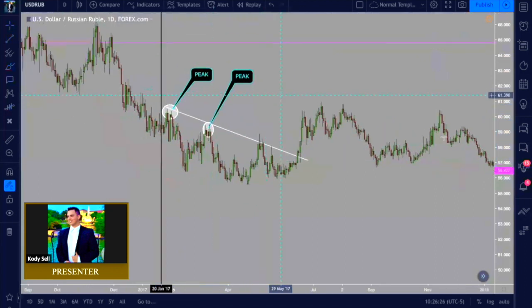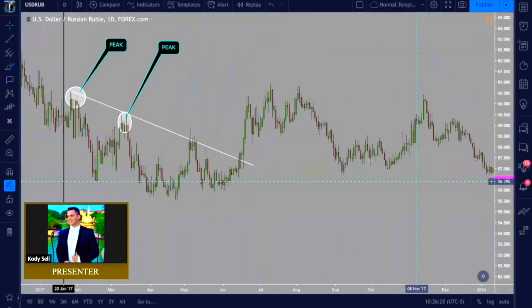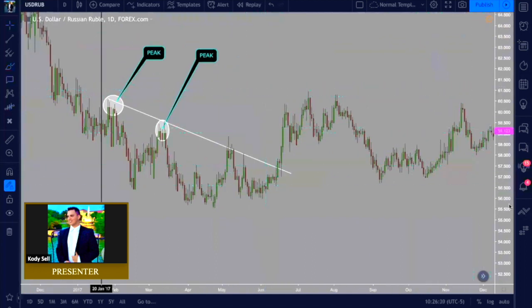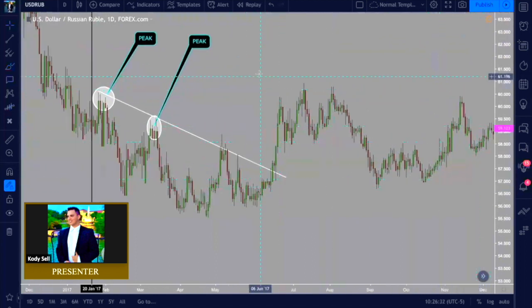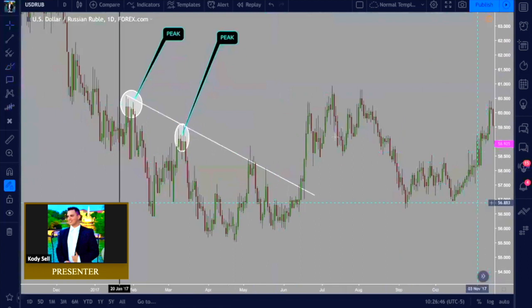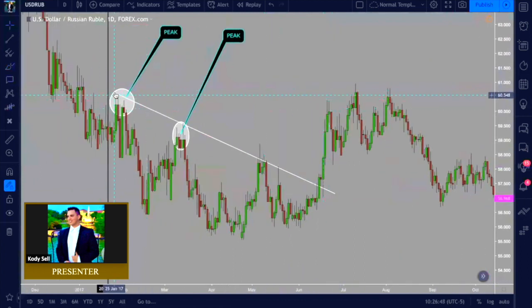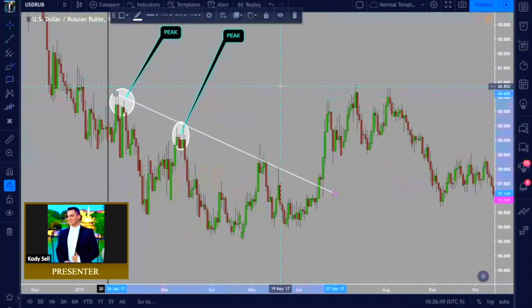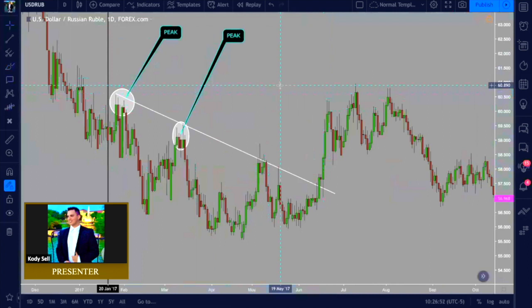Okay, now let's talk about this connection because this is really important. So everyone's got different ways for drawing their trend lines, and 95% of people who are teaching it are wrong. So if you want to really make money, listen up. This is important. This is very important. When you draw your trend lines, you need to know the outermost boundary of your diagonal support and resistance.